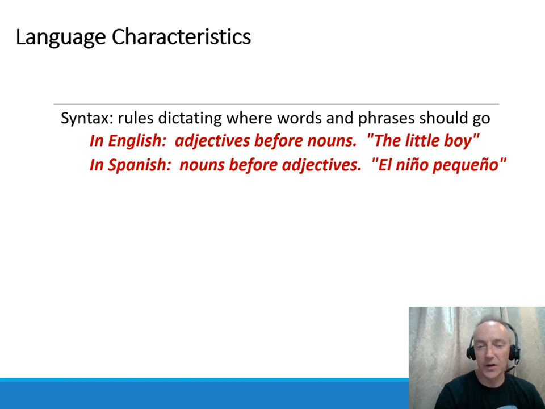English is sort of unusual that in English we put our adjectives before our nouns. So we would say the little boy, whereas in Spanish, as well as in many other languages, you would say the noun first, then the adjective. El niño pequeño. So that is an example of syntax.